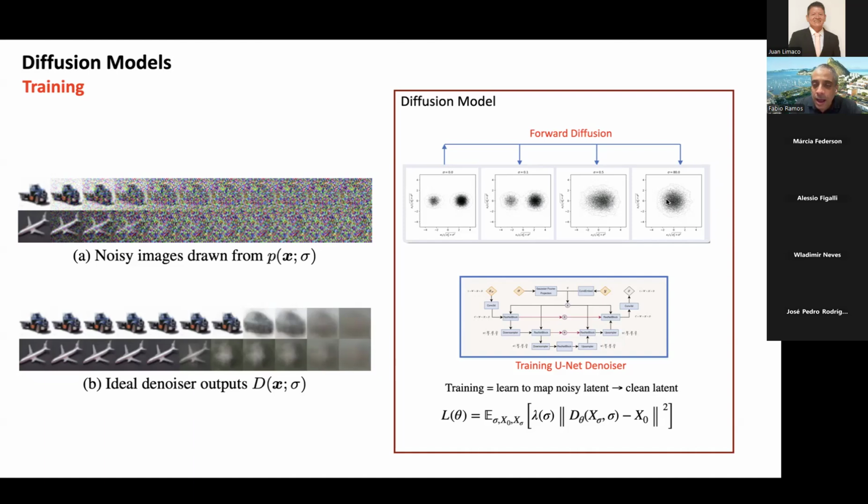Then I pick a noise level, so I pick this airplane with a lot of noise. What the denoiser is trying to do is get back to the original airplane. You don't get the original one exactly. You get a denoised version, which is pretty similar to the original.